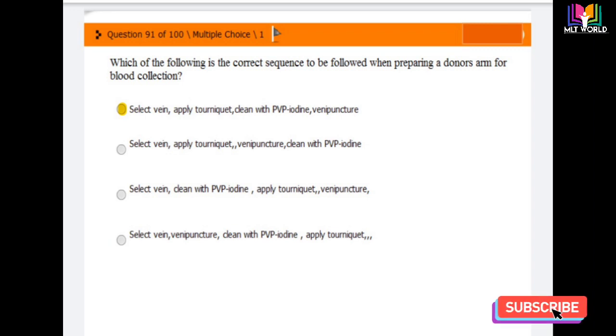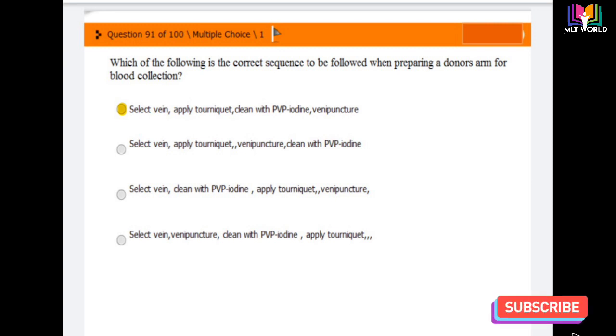Question number 91. Which of the following is the correct sequence to be followed when preparing a donor arm for blood collection? First option: select vein, apply tourniquet, clean with PVP iodine, vein puncture. Next option: select vein, apply tourniquet, vein puncture, clean with PVP iodine.